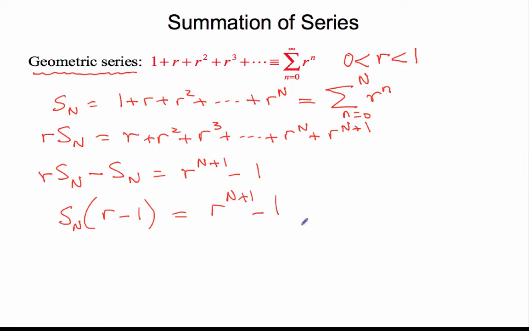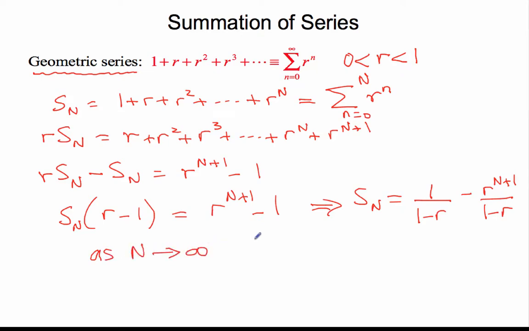And so I've got from here the value of the sum S_N all the way up till N as being 1 over 1 minus r to the N plus 1 divided by 1 minus r. Now, as N becomes larger and larger, goes to infinity, S_N then is going to tend towards 1 over 1 minus r.